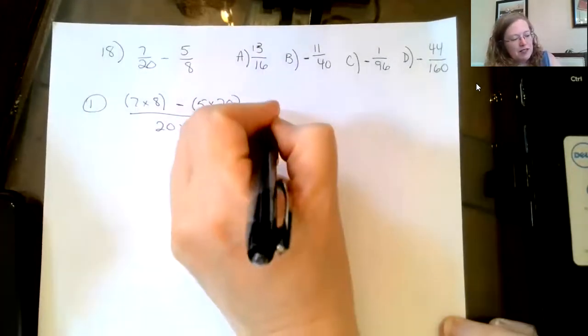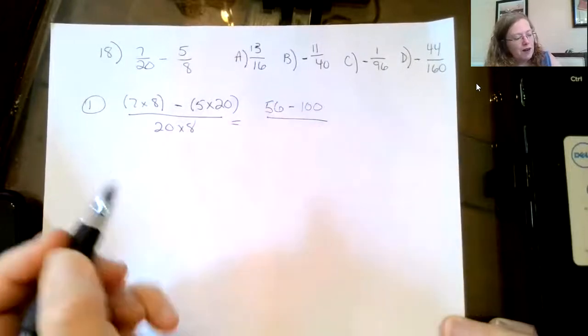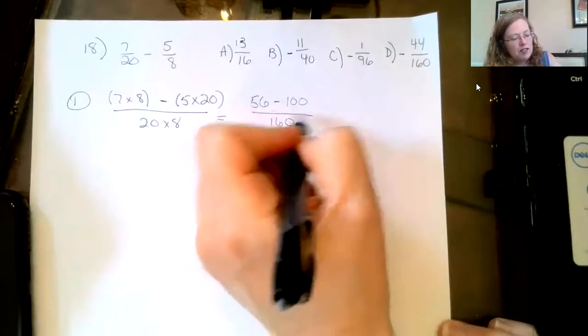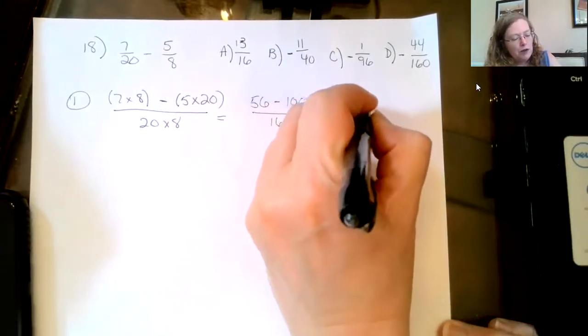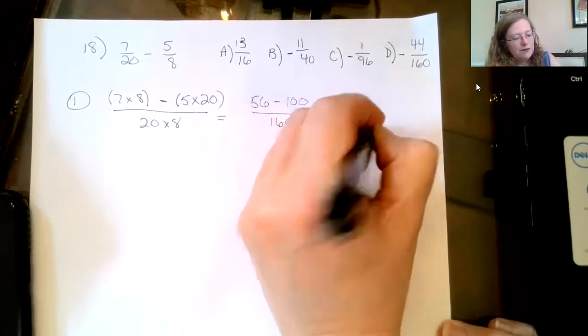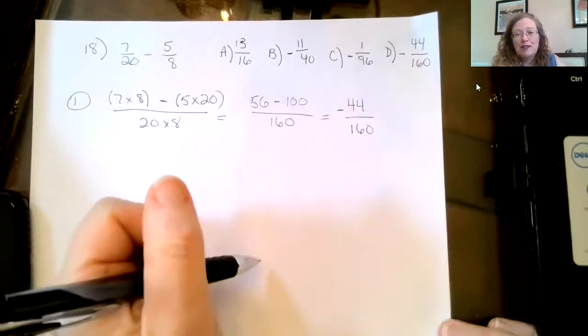We've got 56 minus 100 divided by 160. 56 minus 100 is going to be negative 44 over 160. And that is an answer choice.